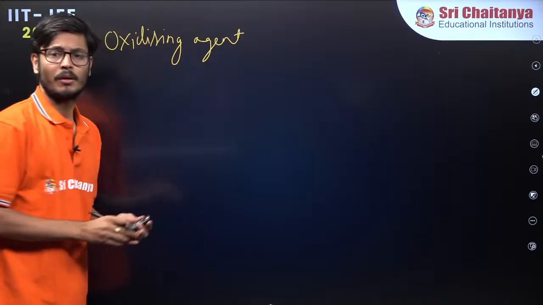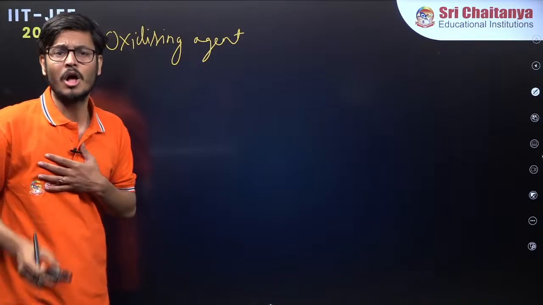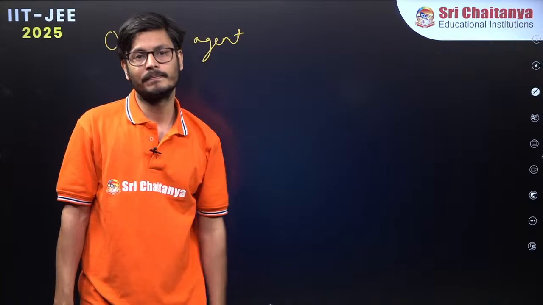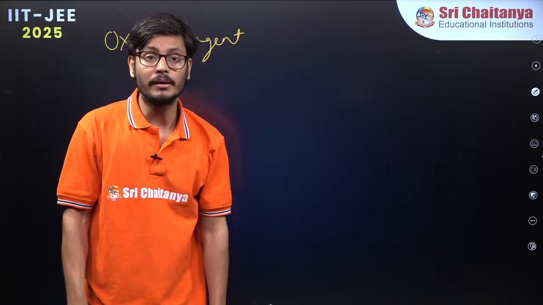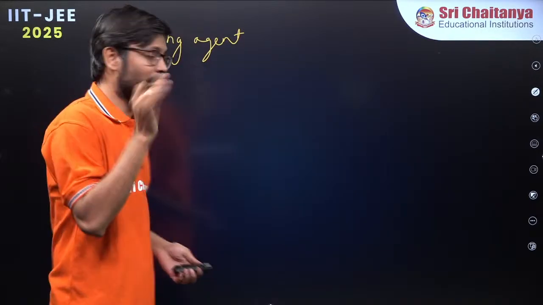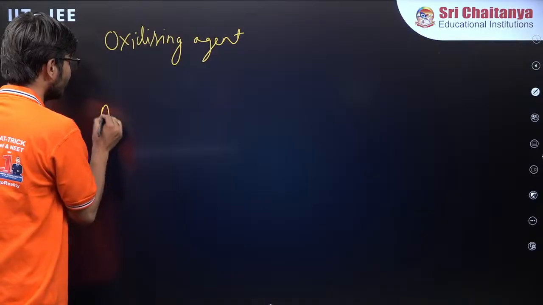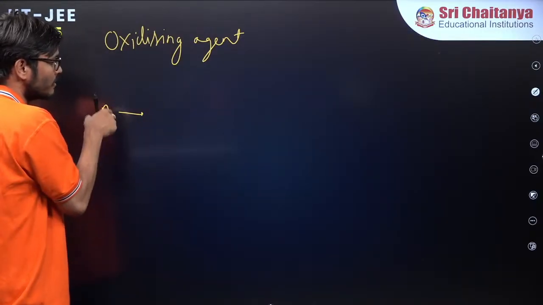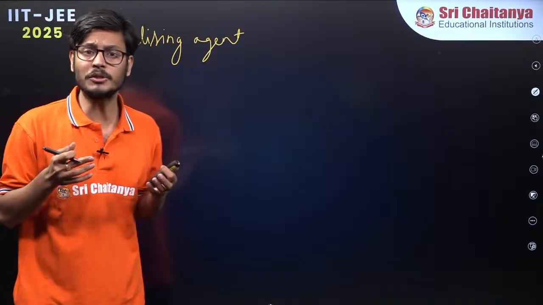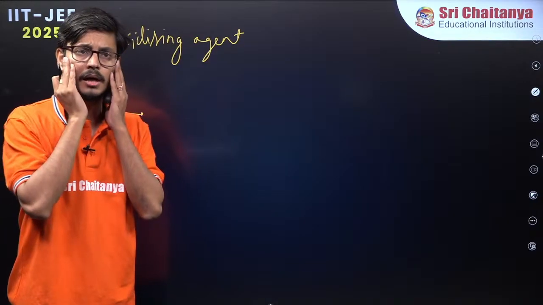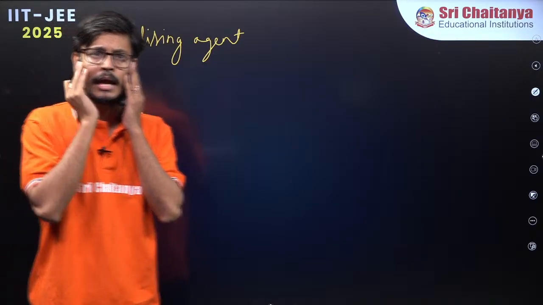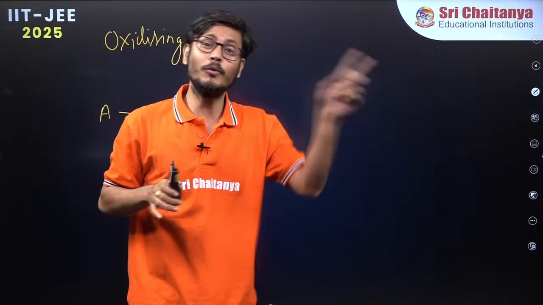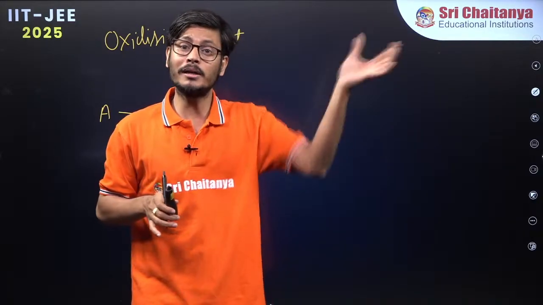The term itself suggests oxidizing agent means an agent which can oxidize somebody. Let us say there is an element that has to oxidize somebody. If this element has to oxidize, what does it have to do? Let me think. If I want to oxidize, that means that element will lose electron because that will go under oxidation.